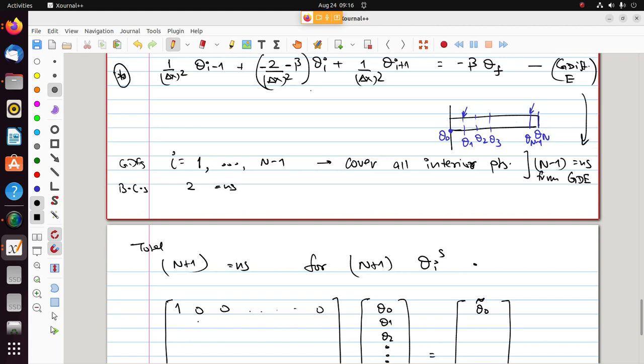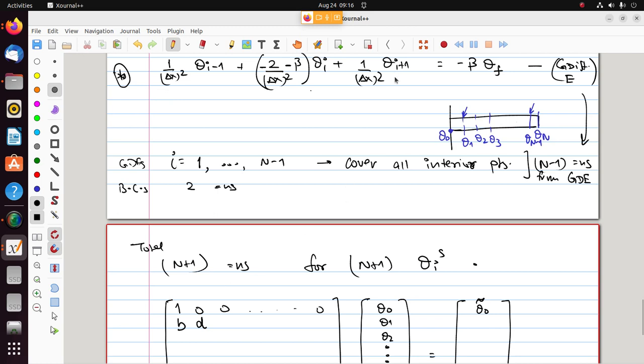So the coefficient of theta 1 is minus 2 upon delta x squared minus beta. We will call that d, the coefficient of theta 1. The coefficient of theta naught is simply 1 by delta x squared, and we will call this b.